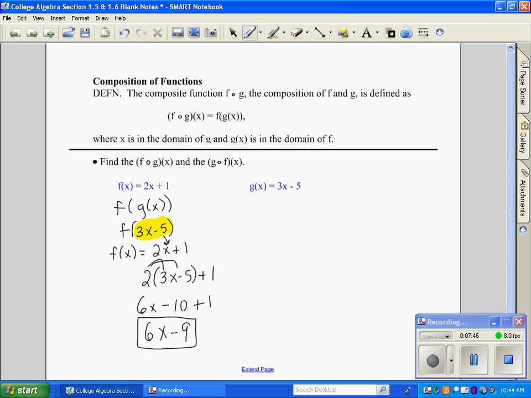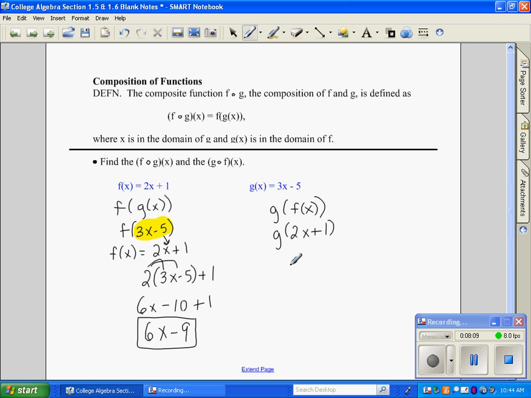Now on the other side, the second part, they ask us to do the g of f of x. So that's going to be g of f of x. And we work with the inside first, so we need to know what is f of x. F of x is this 2x plus 1. So I'm going to put in 2x plus 1. I bring down g.